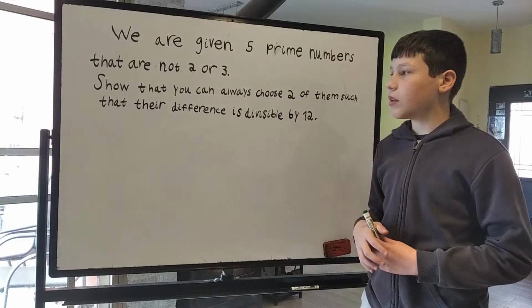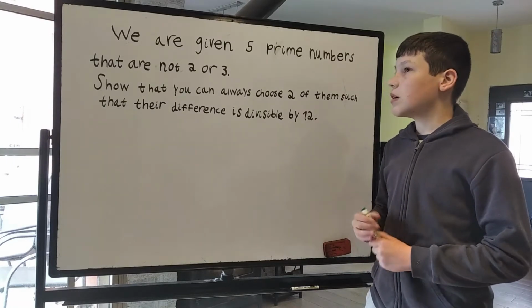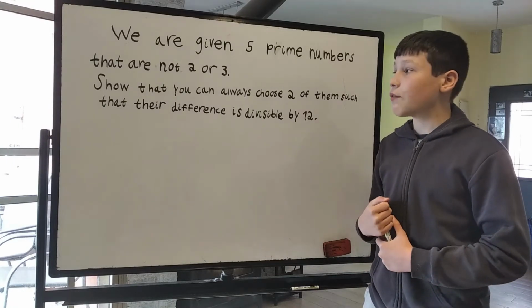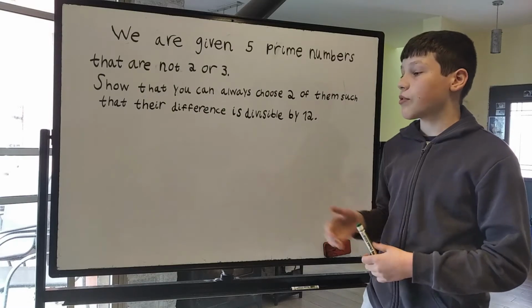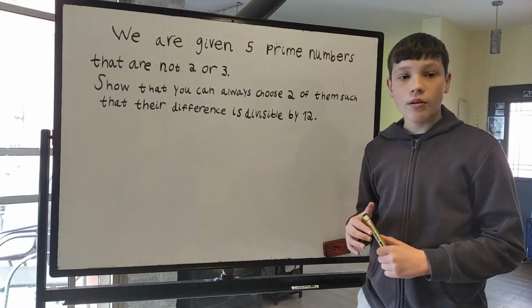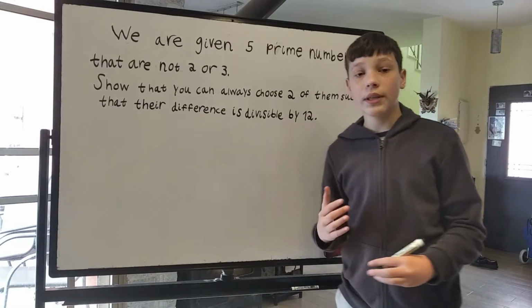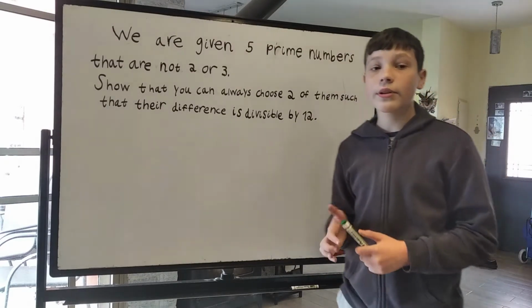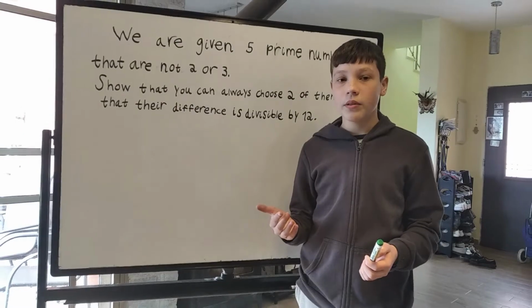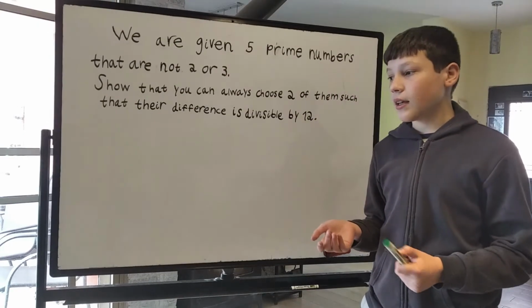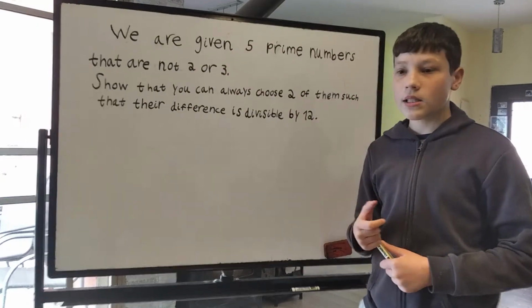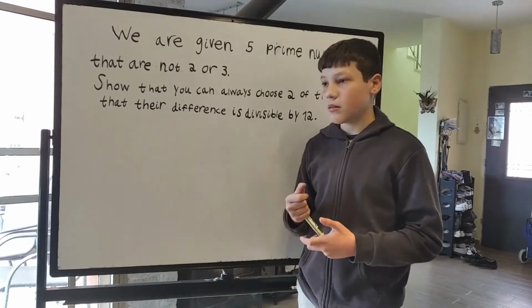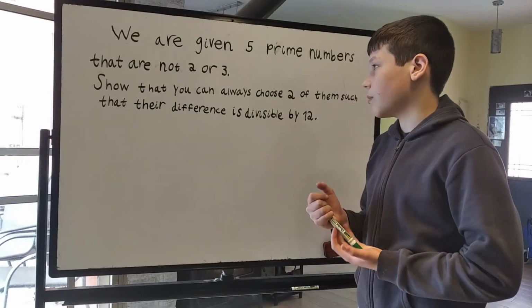So, the first thing we're going to do is use the fact that they're not 2 or 3. Every number, including all the prime numbers, is congruent to something mod 12. Any natural number has to be congruent to something mod any other natural number.